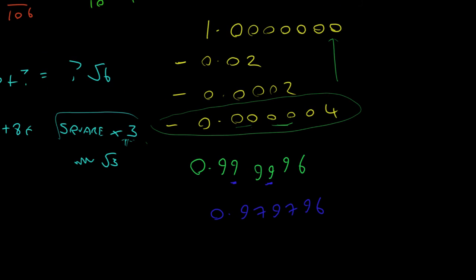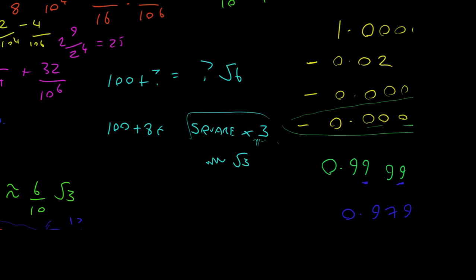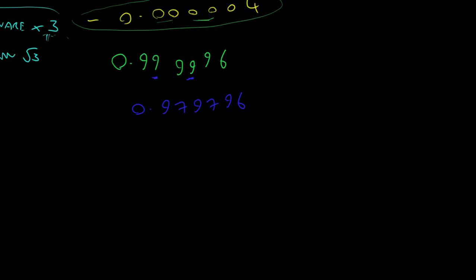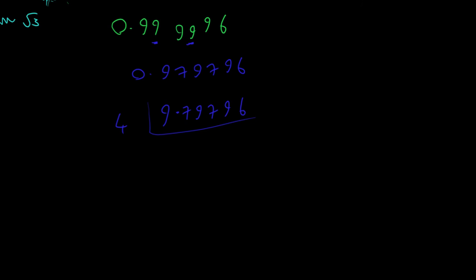Interesting number. So what we need to do is times this by 10 and divide by 4 to get our approximation for root 6. So we get 9.79796. Divide by 4, and what will happen? Well, 2 will happen, 1, and then that probably goes in 4 times, 1 left over, 4 times, and then a 3 left over.